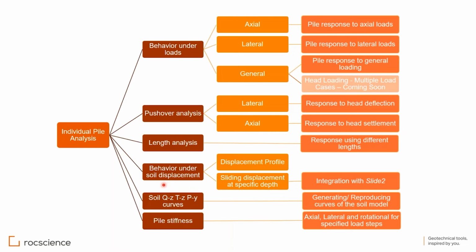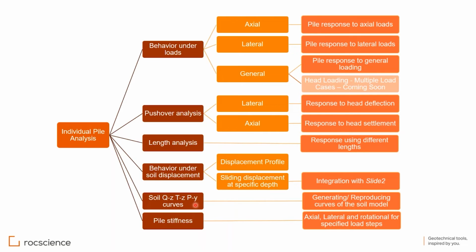You can put an RSPile pile in Slide2 as a support, and you can have a full analysis of RSPile without using RSPile yourself. The program will go to RSPile, automatically run everything, get the results, and come back and add the shear values produced by RSPile at the location of the slip surface to get a factor of safety for the slide. We can also produce the QZ, TZ, and PY curves for you.